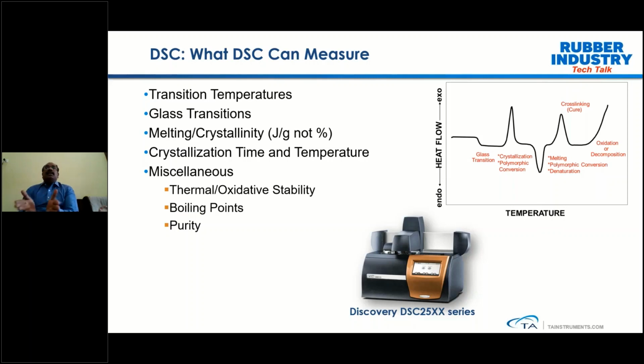Same way, with a thermosetting polymer rubber compound undergoing a curing process, you can measure the cross-linking by measuring the exothermic reaction. Further, oxidation you can measure too, like in case you wish to do an OIT application.